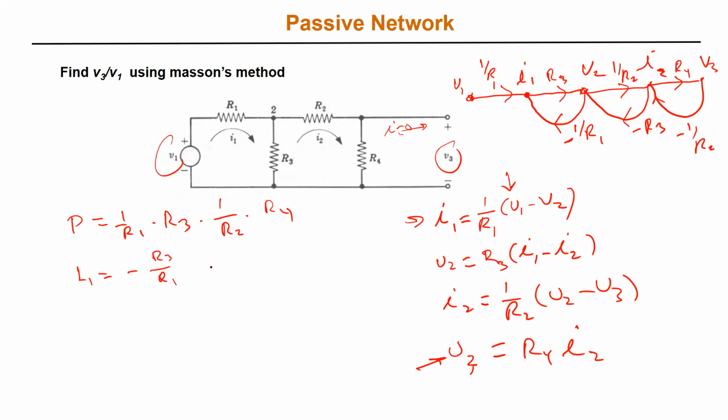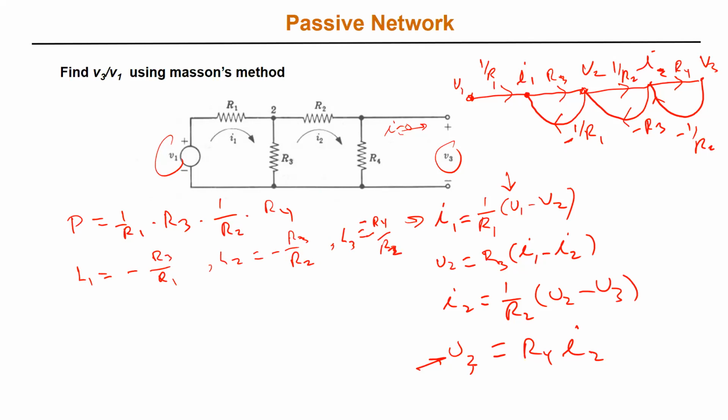L2 is minus R3 over R2. And finally, L3 will be minus R4 over R2.